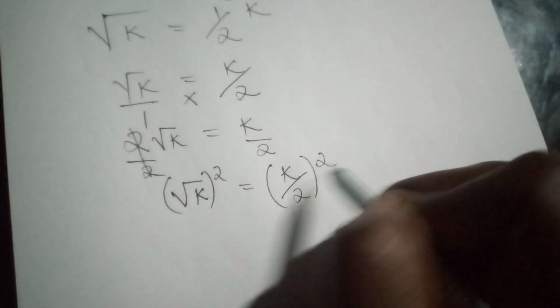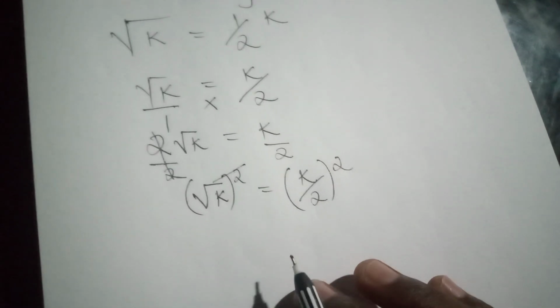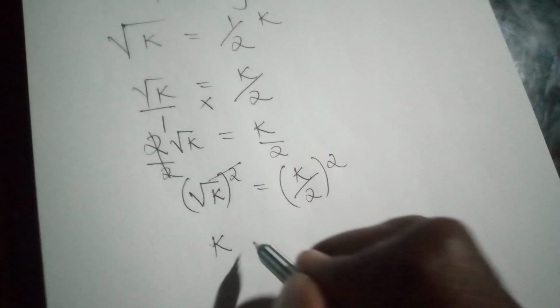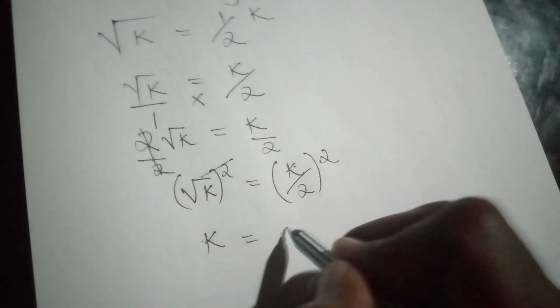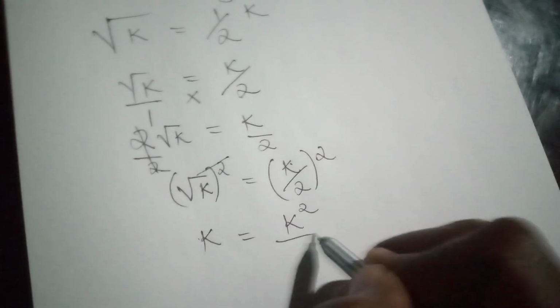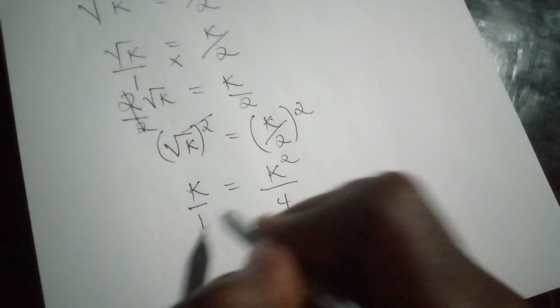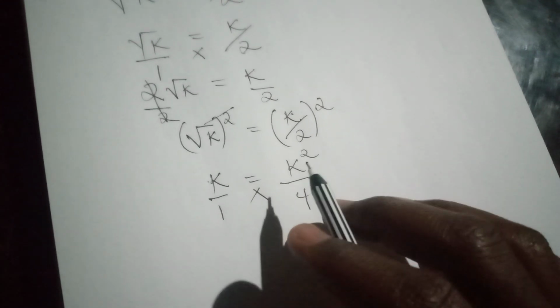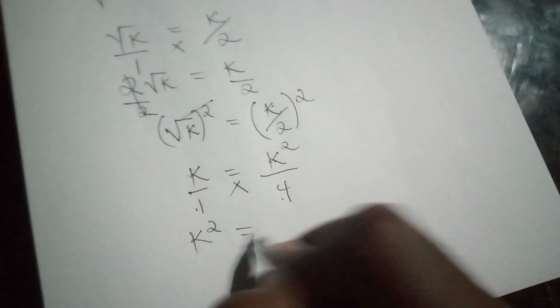So to kill that square root, introduce a square to both sides. So that one goes. You're remaining with k is equal to k squared over 4 over 1, cross multiplication. So that is k squared is equal to 4k.